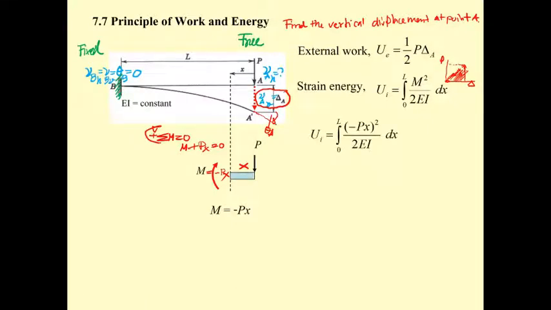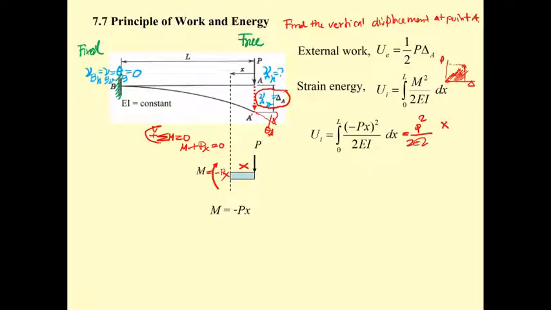Now what you have is you deal with the integration. You just move the constant out. So this minus Px squared is going to produce a positive; minus times minus is positive. So this is P squared divided by 2EI, that's a constant, times x squared.